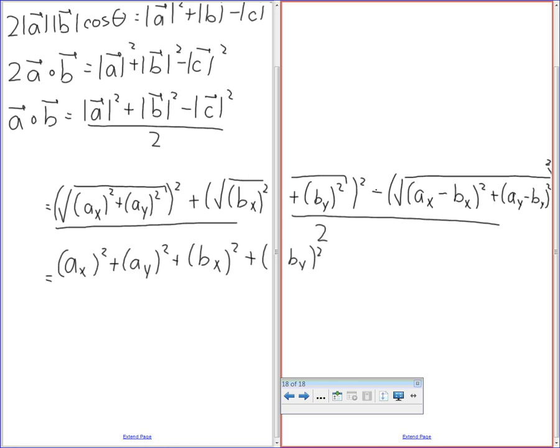AX minus BX squared. How do we deal with that? Yeah, expansion of the FOIL. So this is going to be minus bracket AX squared minus 2 AX BX plus BX squared.